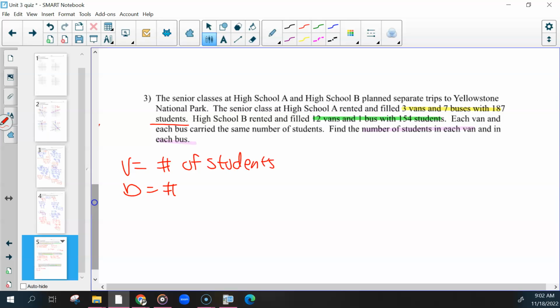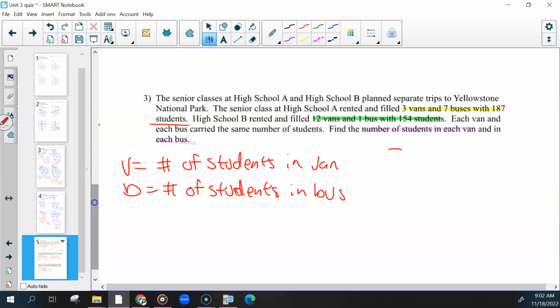Number of students in each van, and number of students in the buses. So if you put number of vans, number of buses, be careful because that's not what it was asking you to find.